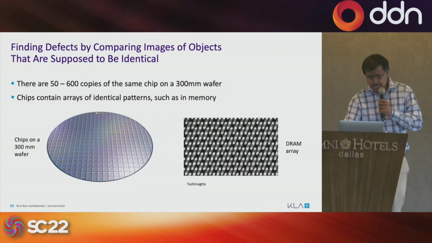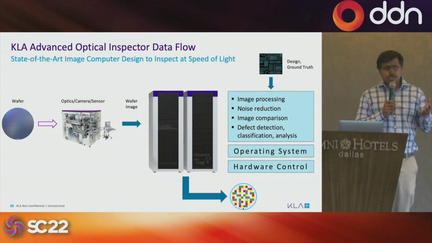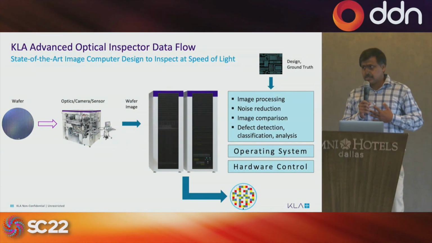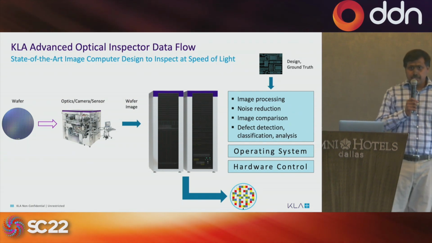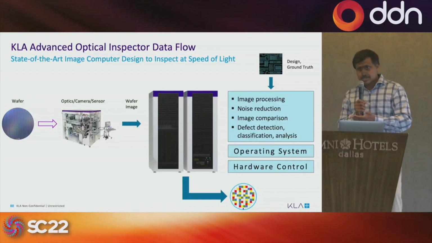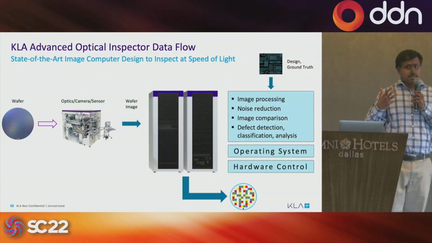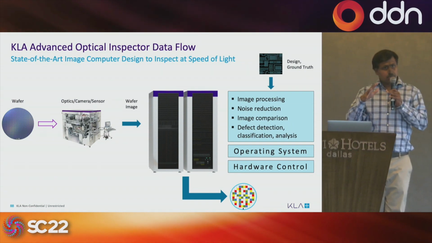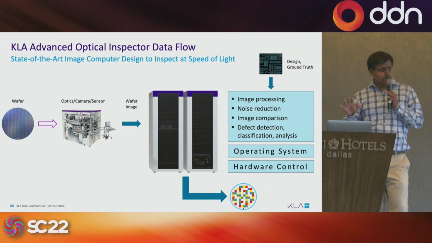Another approach is, as I showed in the previous slide, the design and the ground truth information is available to us. We know the actual design that the fabs have used when they went through these process steps. So we leverage that. The way the optics look and the way this ground truth looks, they do not look identical.